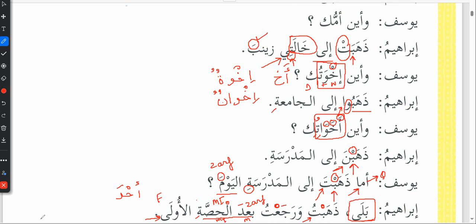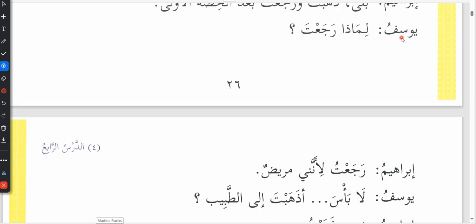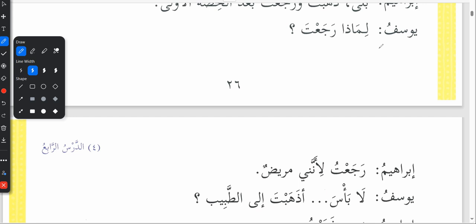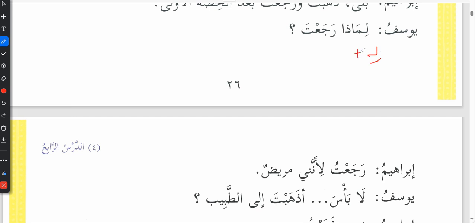Here his uncle asks, Limaza raja'ta? Why? Limaza. Now, limaza is a questioning tool made up of two things. First of all, li harf jar, and then maza. Maza means what? And limaza, both of them together make the questioning tool why. Raja'ta, why did you return when you should be in school?